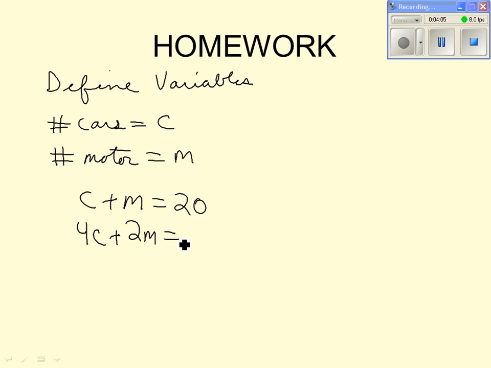And all the wheels should total up to be 66. Whenever you have two variables, you need two equations to be able to solve them. And what you're using is systems of equations. Guaranteed there's some of these on future tests, just like with the quadratic equations.